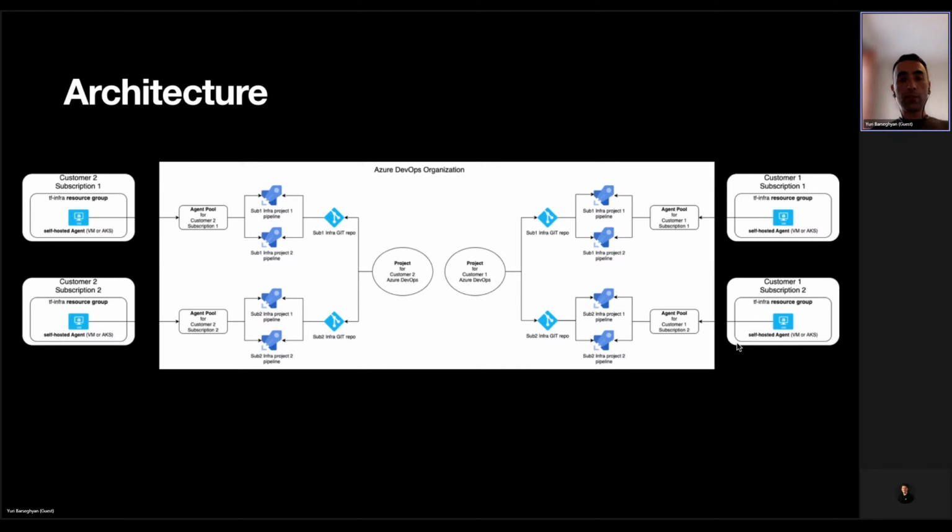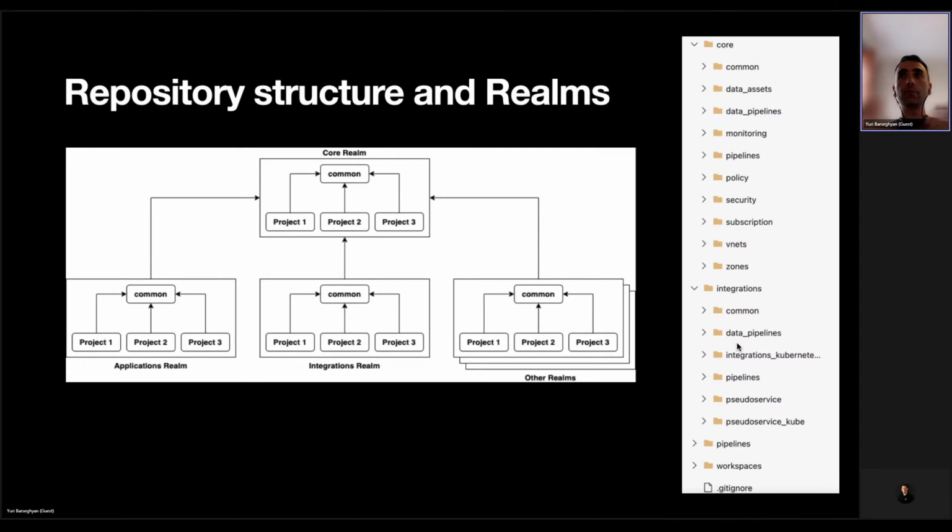So, repository structure and realms. As I mentioned earlier, there are multiple ways to structure your Terraform project code. And the one that we are using consists of so-called realms. A realm is a collection of smaller projects that belong together, that together form some kind of entity or do something together.